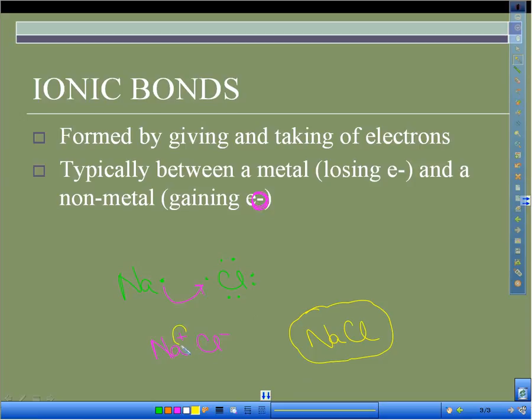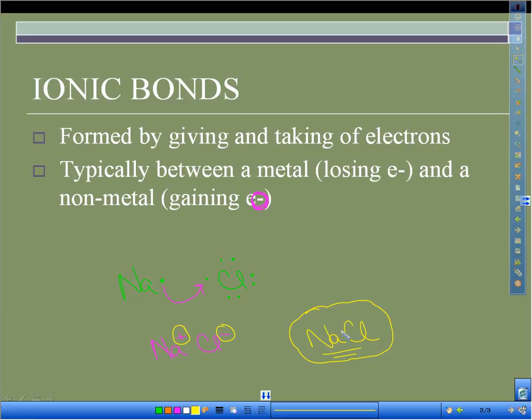And it's this positive-negative attraction that will keep this together as the compound overall. The positive and negative will attract to each other, so NaCl will stay together as a whole compound, salt.